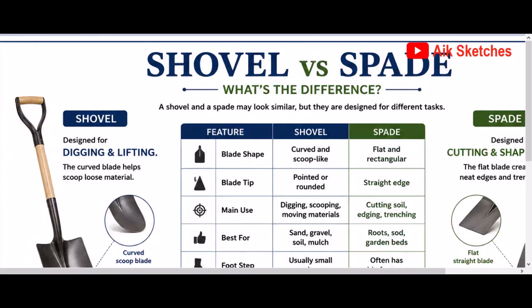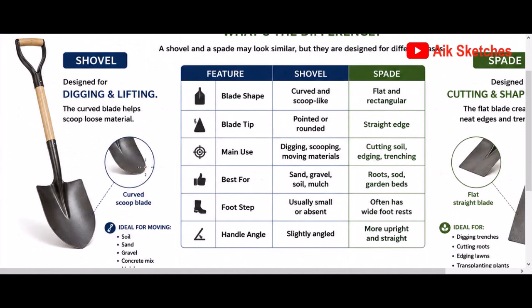A shovel and a spade may look similar, but they are designed for different tasks. A shovel, as you can see on the left of your screen, is designed for digging and lifting. The shovel blade helps scoop loose material.